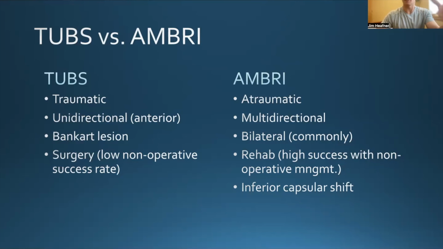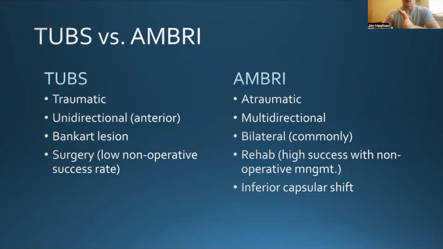There's a low non-operative success rate for these. So this is the person who has not had dislocations before, but traumatically that shoulder gets pushed anteriorly and dislocates. So it just happens in one direction at one time. They have a Bankart lesion and it requires surgery.